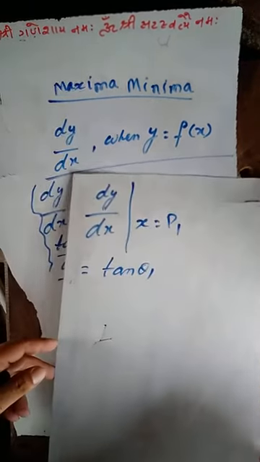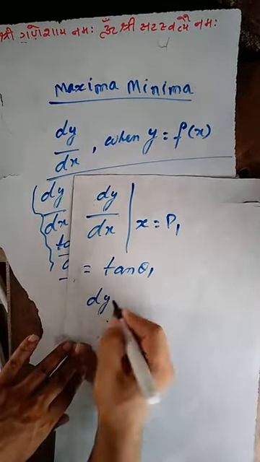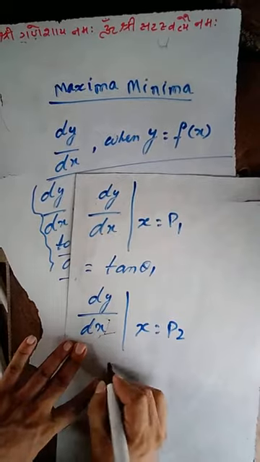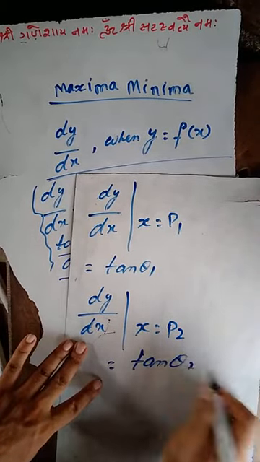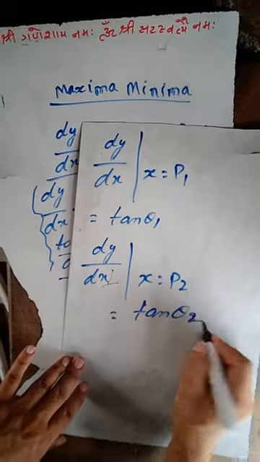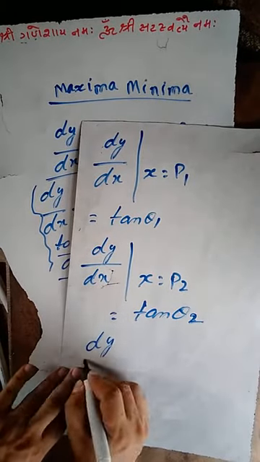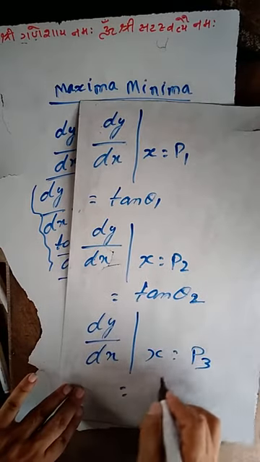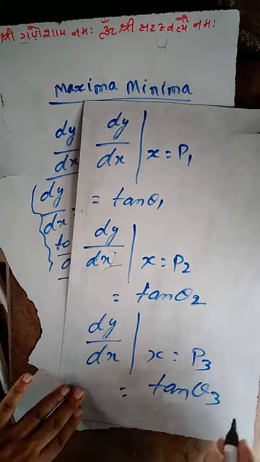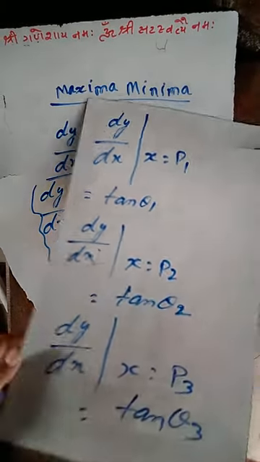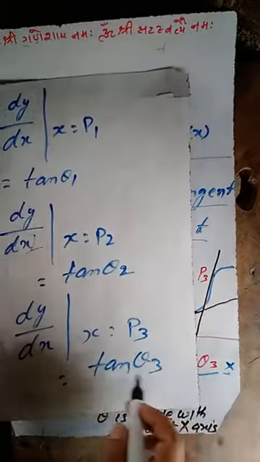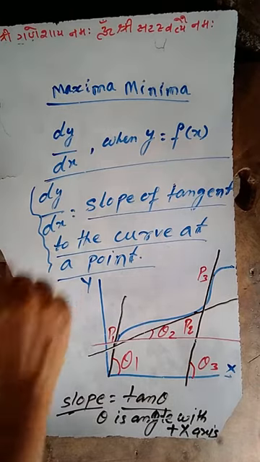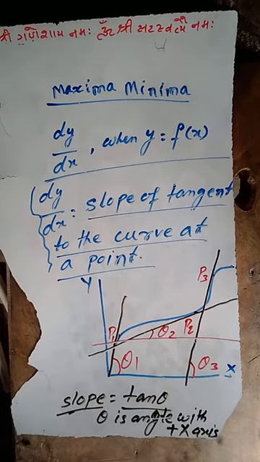At x equal to P2, it will be tan theta 2, and likewise at x equal to P3, we will have tan theta 3. So as per the angle, we have the value of dy by dx. This is the meaning of dy by dx.